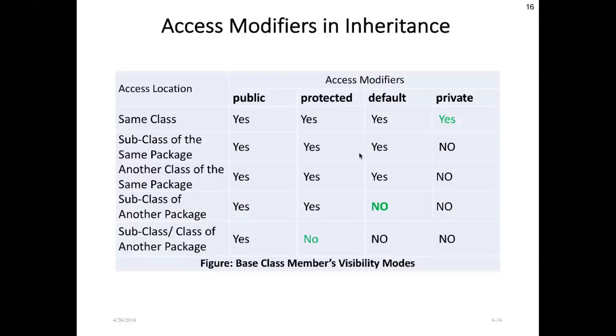Okay, then come to subclass of the same package. You understand package? When we create a class, for instance in Java, Java does not create an exe file. A Java program does not create an exe file. It creates a Java file. You understand, right? Those who worked on the last project know that it creates a Java file.